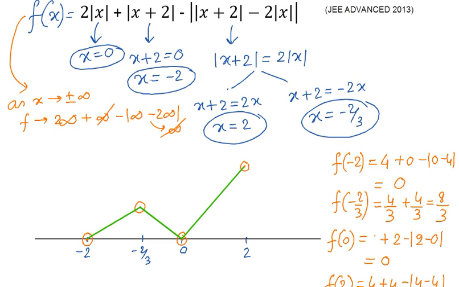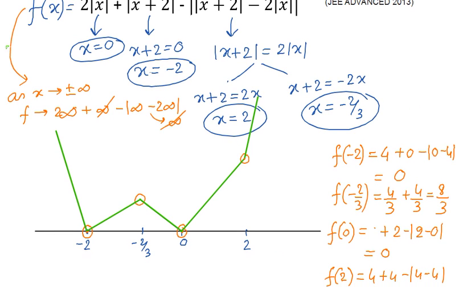So we simply continue the graph, extending it up to infinity by its linear nature. This gives a rough estimate of the graph of the function, and we have innovatively got the graph of this function.